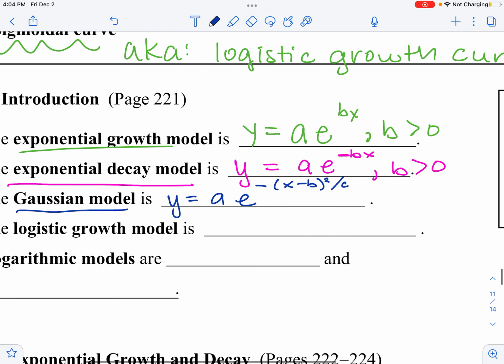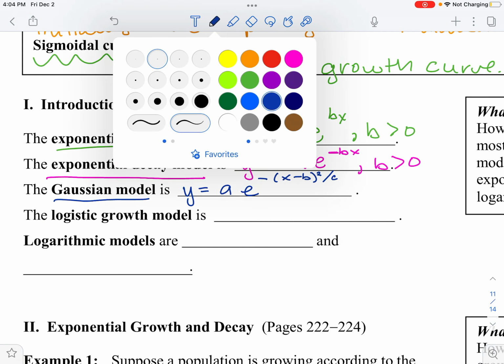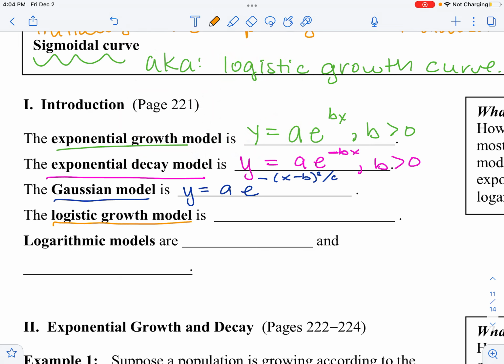Okay. And then the logistic growth model is y equals a over 1 plus b e to the negative rx.